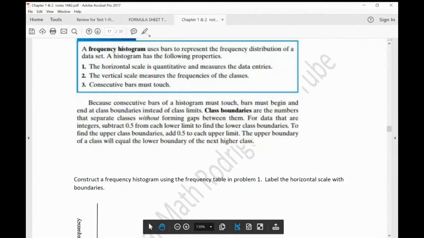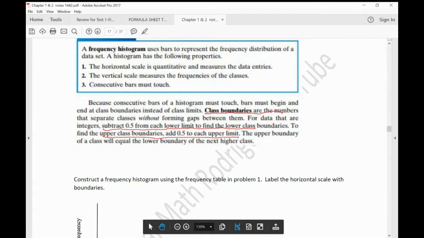So right here, class boundaries are the numbers that separate the classes without forming gaps. Okay, it says for the data that are integers, we're going to subtract 0.5 from each limit to find the lower class boundaries, and to find the upper class boundaries, we're going to add 0.5 to each limit.